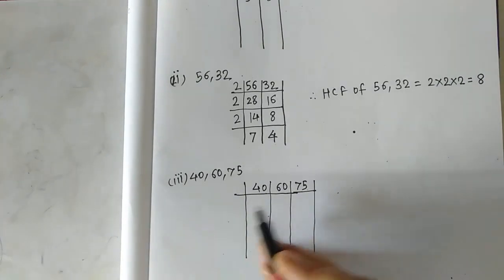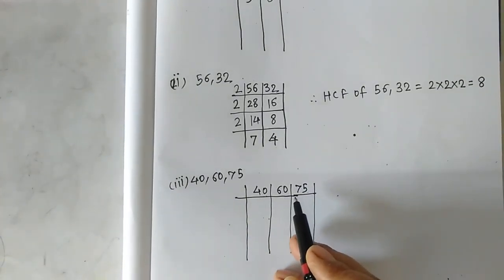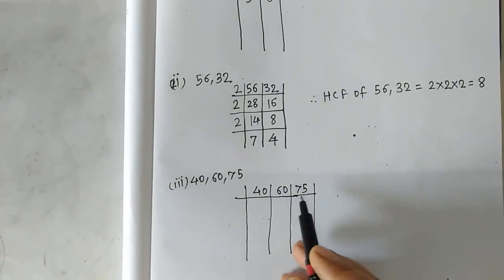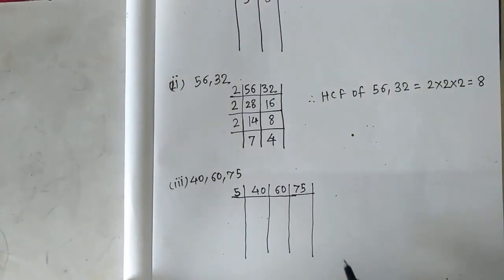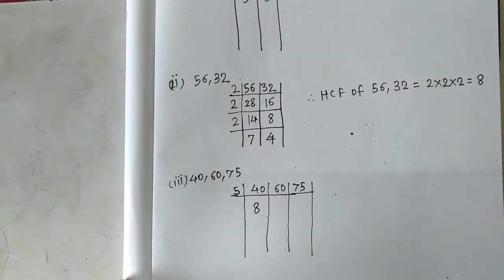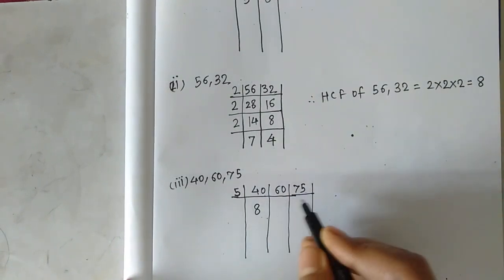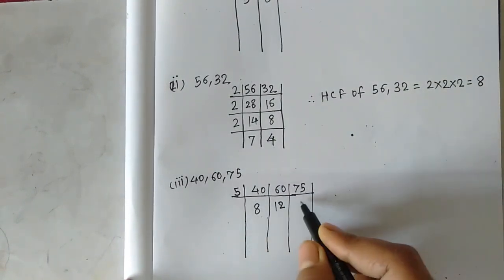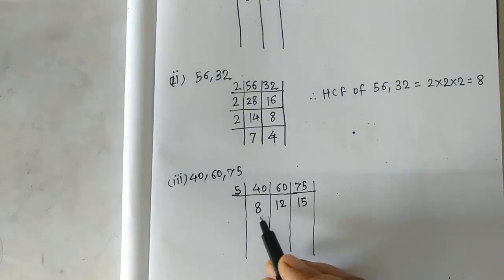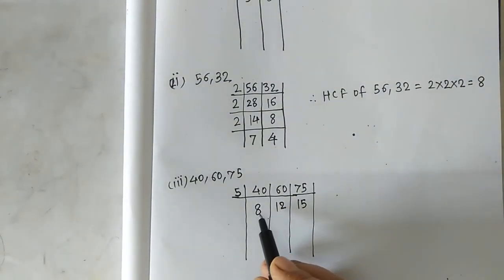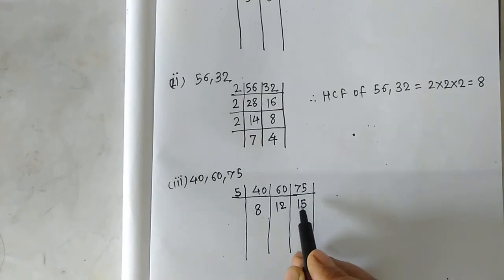Next, third question is 40, 60 and 75. All these three numbers are divisible by 5. So first prime factor is 5. So 5 8s are 40, 5 12s are 60 and 5 15s are 75. See here 8 and 12 are even numbers. They are divisible by 2, but 15 is an odd number.